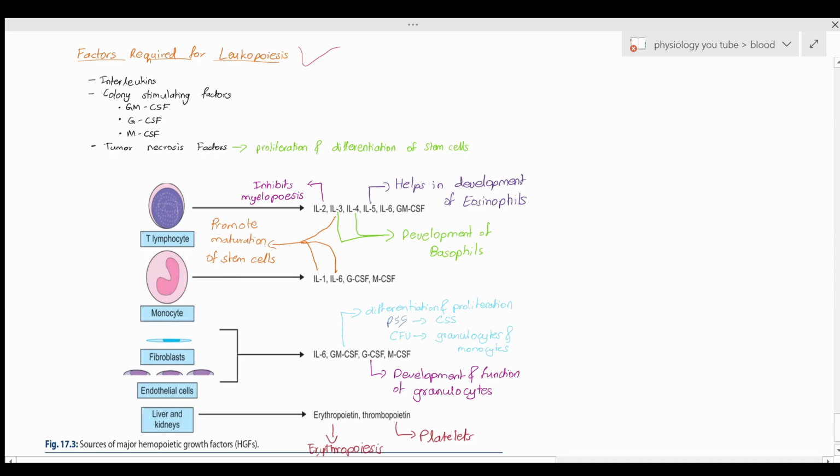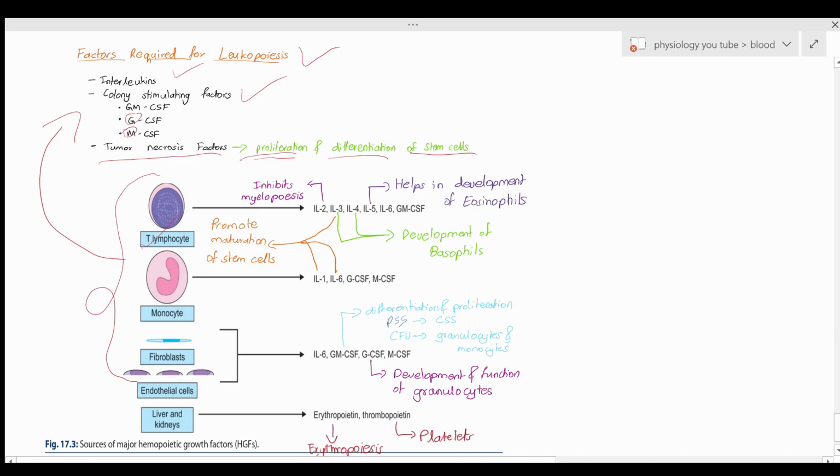Factors that are required for leukopoiesis: interleukins, colony stimulating factors for granulocytes and monocytes, and tumor necrosis factor, which help in differentiation and proliferation of the stem cells. Different types of cells secrete some substances which help in controlling leukopoiesis.